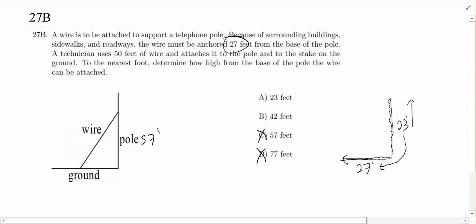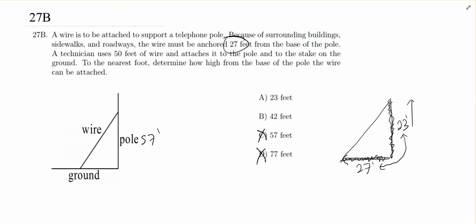When you add those two values together, that's 50. So your wire is literally going straight down the pole and it's just sitting on the ground as your buddy goes over the 27 feet. It's not nice and tight. It's not taut. It's going straight down the pole and straight over. So 23 feet is also stupid.